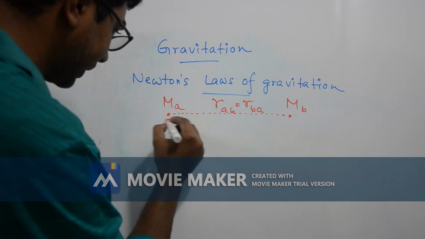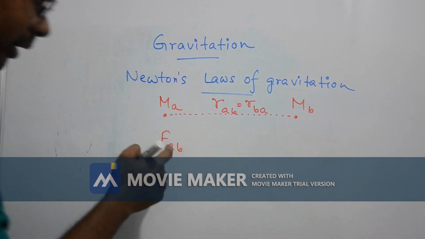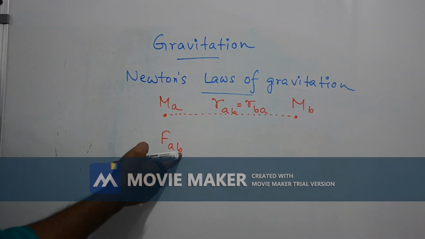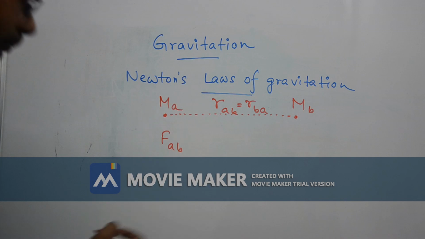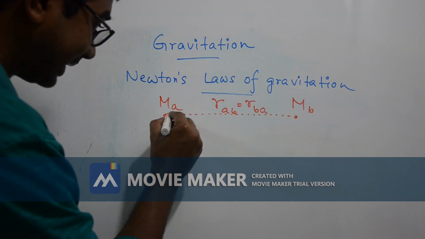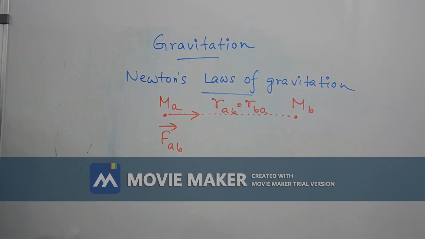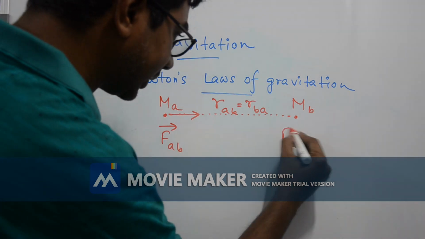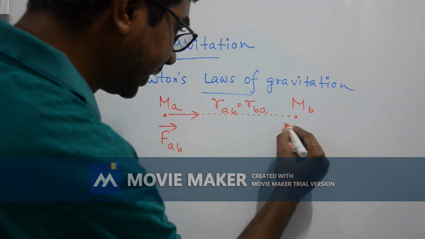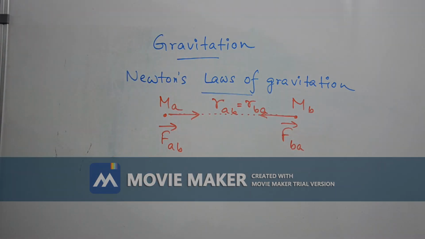It's very clear that the force FAB, which is acting on the particle ma due to the particle b, which has a mass mb, will be directed towards this side, because the mass ma is being attracted towards the mass mb. And in a similar way, the force FBA will be pointing towards the mass like this.